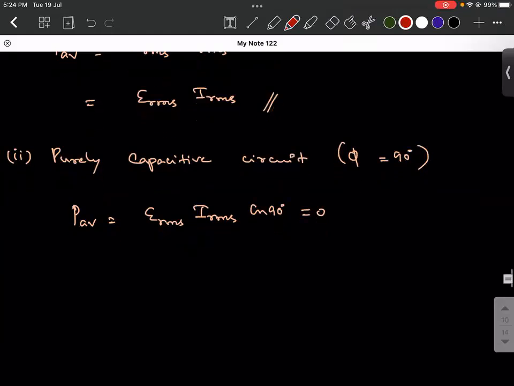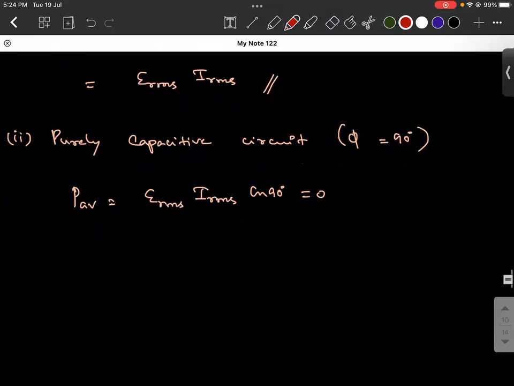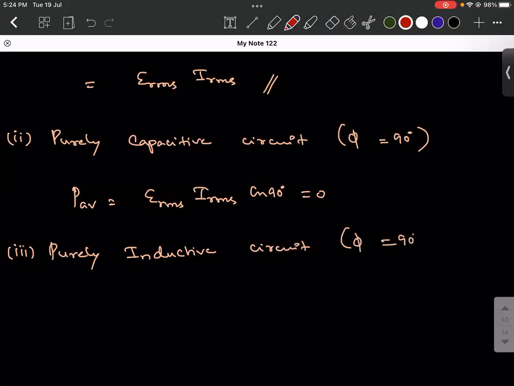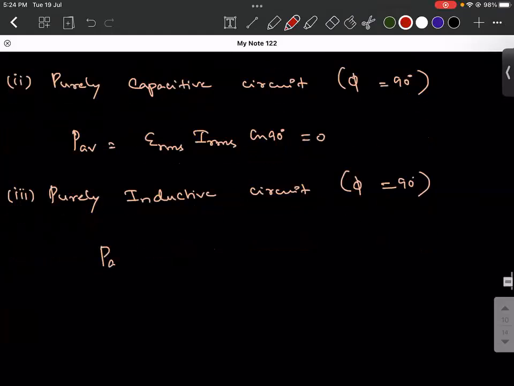So average power is 0. Similarly, if it is a purely inductive circuit, phi will again be 90 degrees. And what will be the average power? 0. So whether it is a purely capacitive circuit or a purely inductive circuit, the average power is equal to 0.